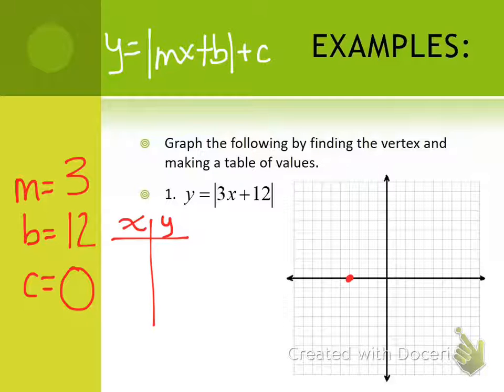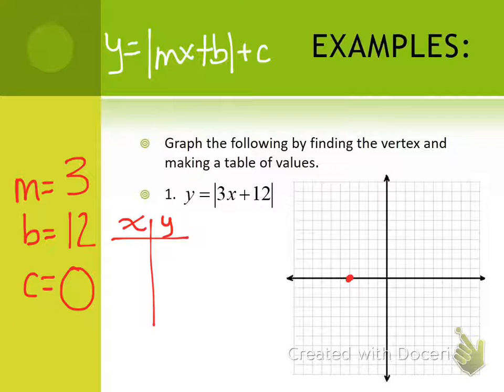But when we do this, you're going to need to pick at least one X value to the left of your vertex, and at least one X value to the right of your vertex. You can't pick them all on the same side, or you will not get the whole graph. Super, super important. Pick to the left and to the right.